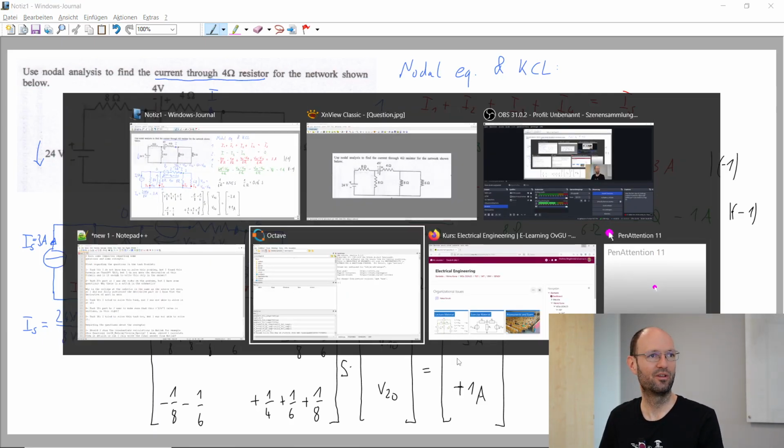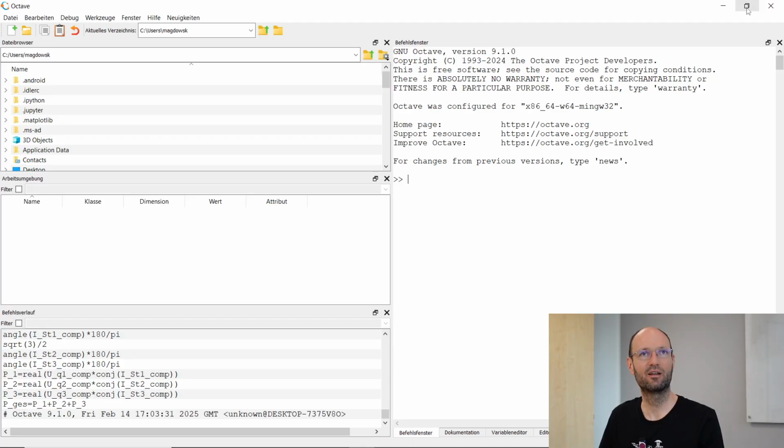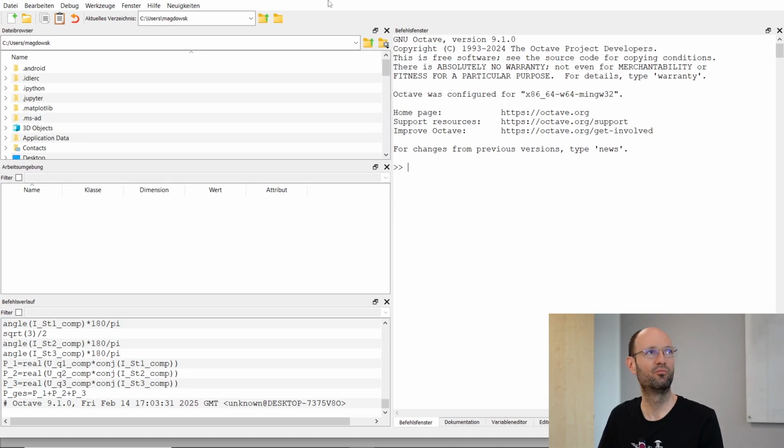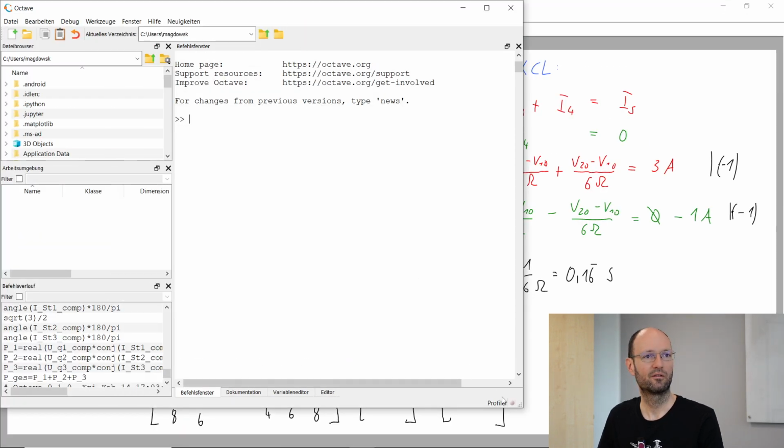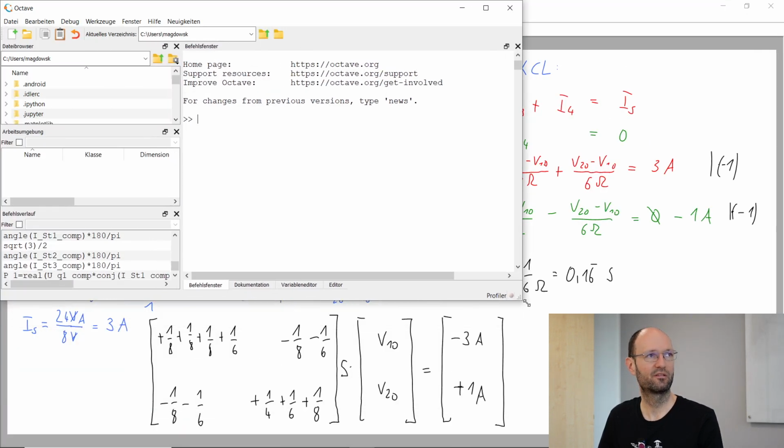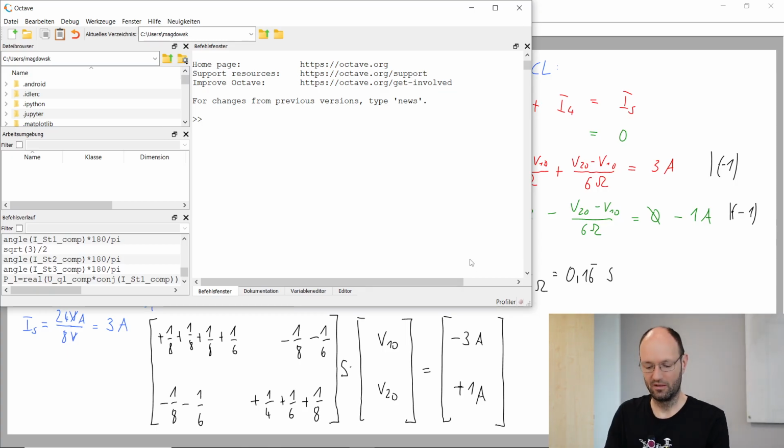So then we go into Octave. I make this window a bit smaller, so that everything here fits on the screen. And we can say the nodal voltage analysis matrix will be 1/8 plus 1/8 plus 1/8 plus 1/6.